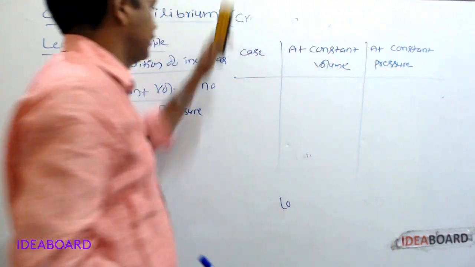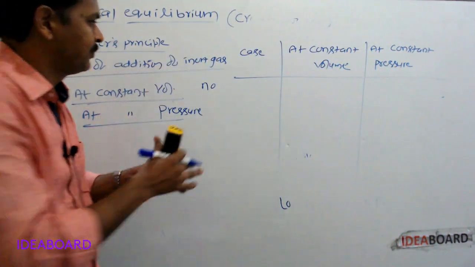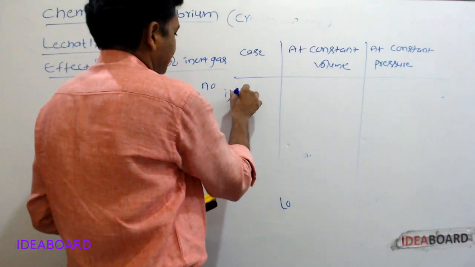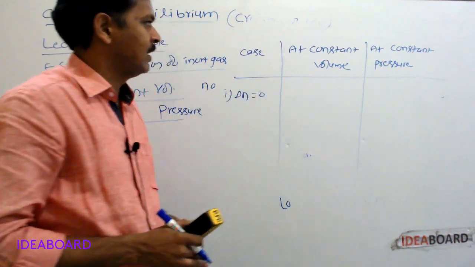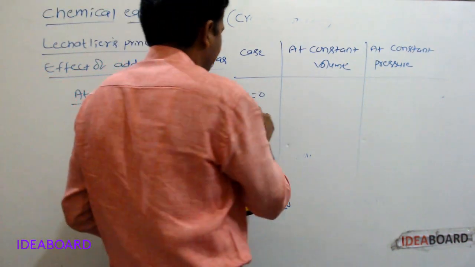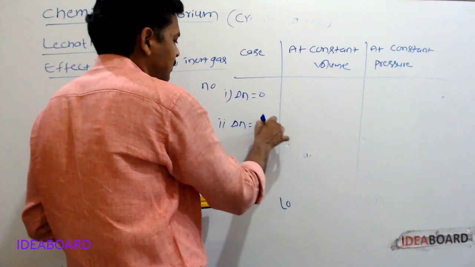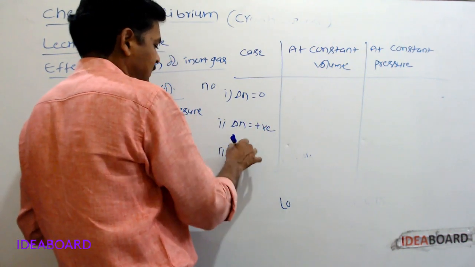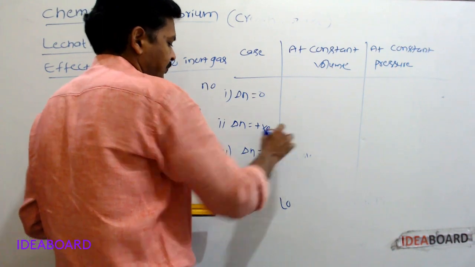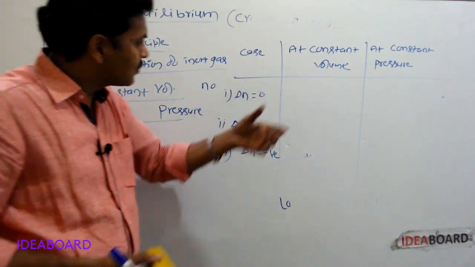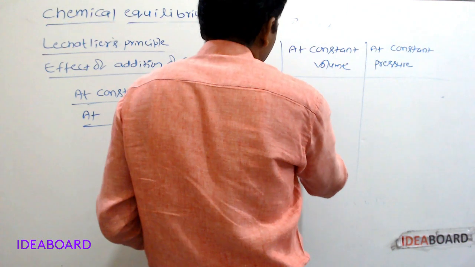See, the effect of addition of inert gas. Delta n is equal to 0 means three cases are possible: delta n is equal to 0, delta n is positive, delta n is negative.